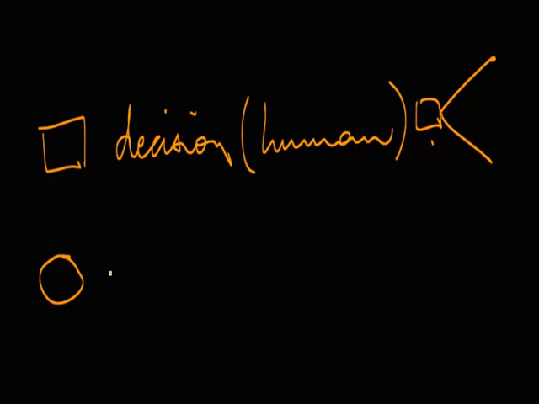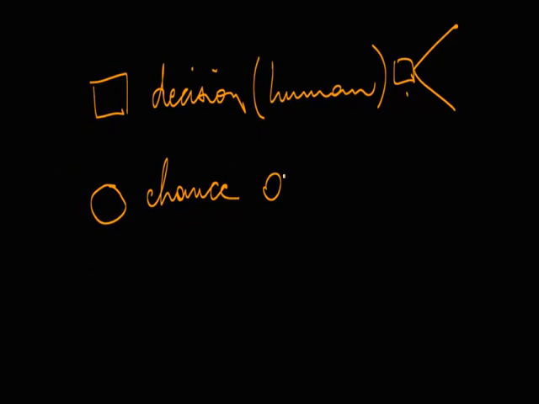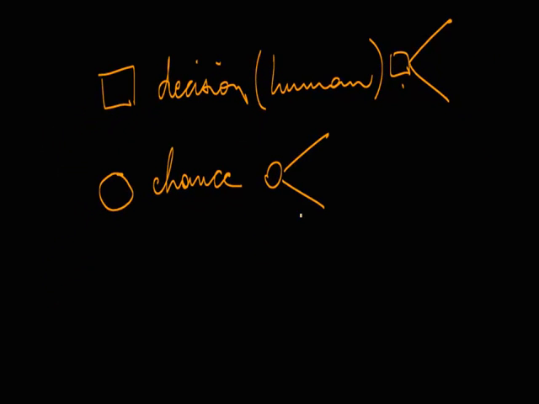This other node, which we call different things, but you can call it a chance node. In a chance node, basically, you have a probability of branch A or branch B happening.